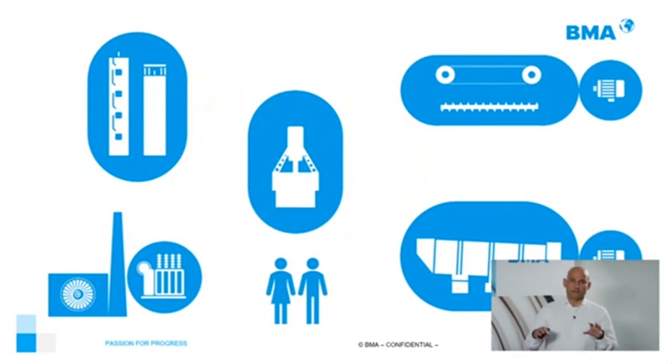We saw that our batch centrifuges have a direct impact on the step before and the step after if we have some troubles. So let us define what is happening in our batch centrifuges. As we said already, crystallizers are delivering the massecuite to our centrifuges.